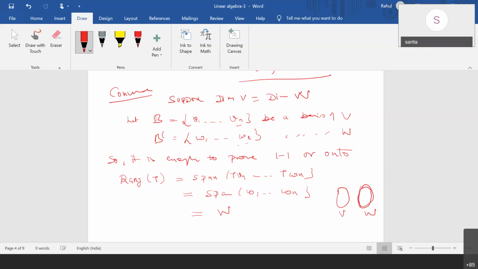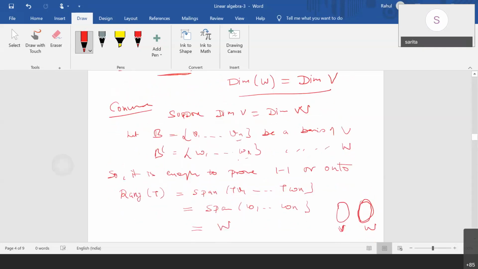It is something like this: you have two vector spaces V and W, and their dimensions are same, so they are both n. To prove it is an isomorphism, I am trying to say that it is 1-1 or onto, one will suffice. If I take it as onto, what onto means is that all the elements here will have an image here.